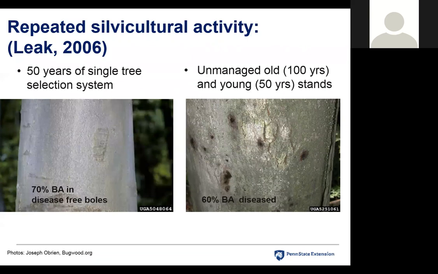They actually saw, again, sort of the opposite. You have 60%, so over half of the beech basal area is diseased. So regular management to control some of this beech can help control some of the understory and also increase the amount of disease-free boles or trees that you would have in the stand.